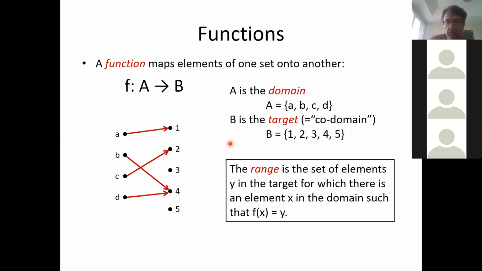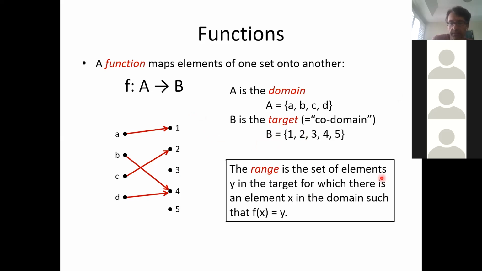There is a concept of the range of a function, and I don't have this on the slide, but it's denoted by f with an arrow on top. I cannot write this right now.